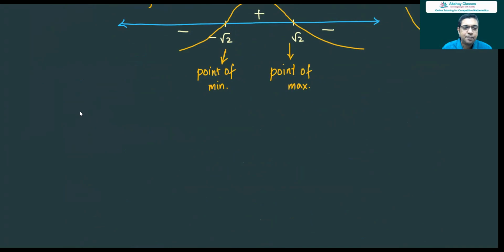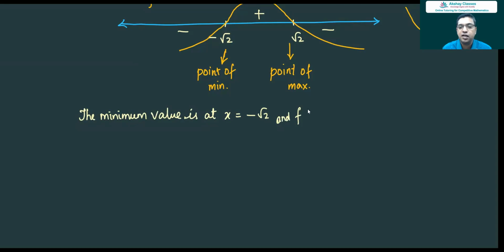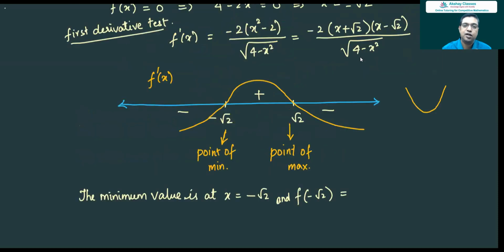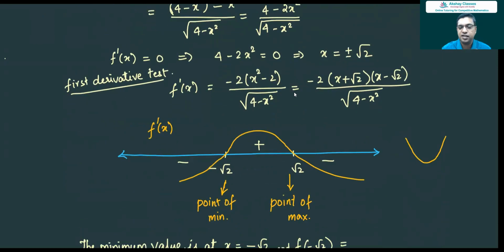So the minimum value is at x equal to minus 2, and the minimum value f of minus 2 is x into under root of 4 minus x squared.